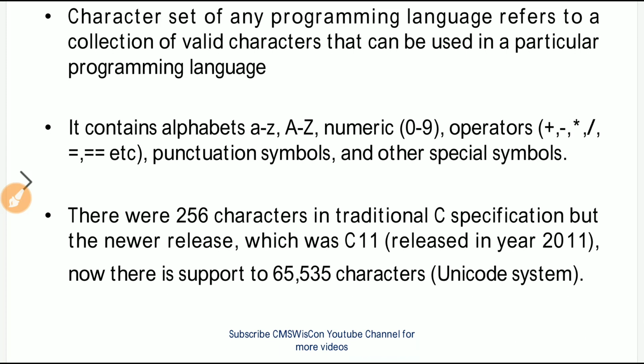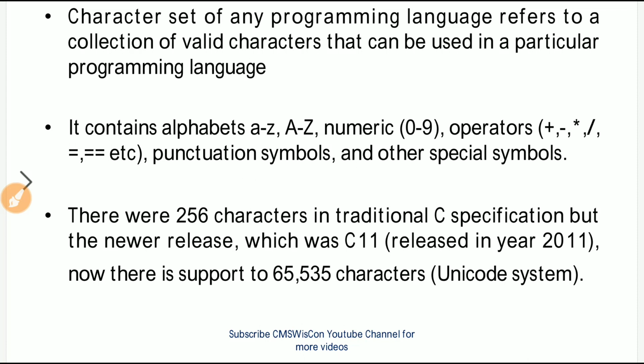So if we talk about C, the latest release of C is called C11, which was released in the year 2011. Before that, there was a specification called C99, and before that there was C89. So over a period of time, every release has certain updations, and we should be aware of these updations.